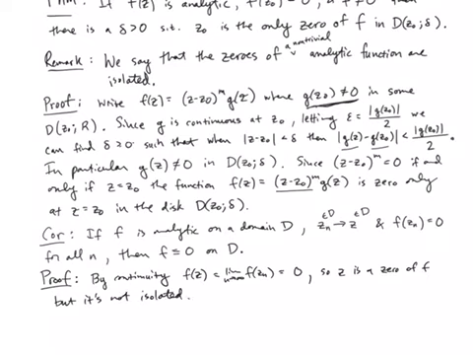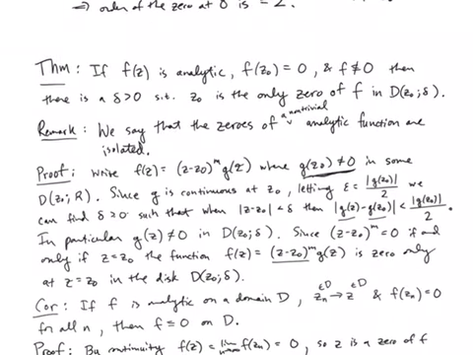So by the contrapositive of the last theorem, which basically said that if you have a not identically zero analytic function and you're looking at a zero of it, that has to be isolated.